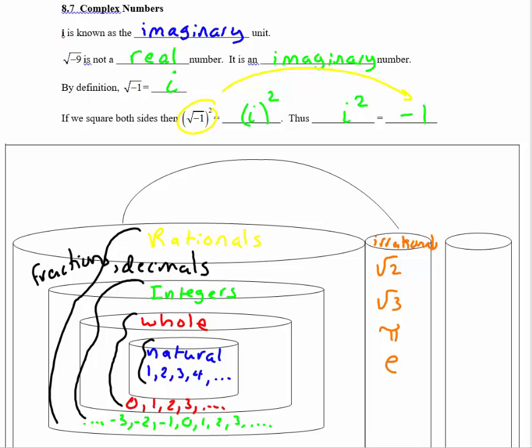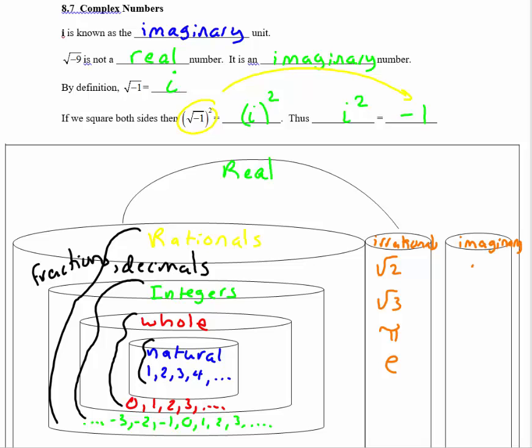So we have been dealing with some of the irrational numbers when we have dealt with our square roots. Putting those two boxes together, all of the rationals and the irrationals, we call those the real number system. And that's pretty much what we've dealt with up till now. Well, now what we're going to add is a box all by itself, and it's called the imaginary numbers.